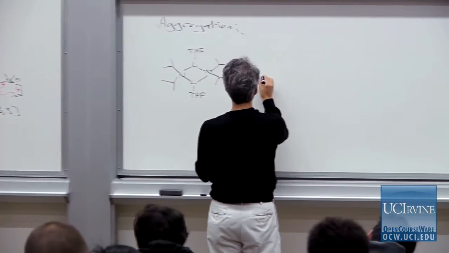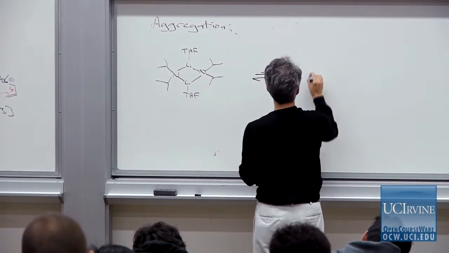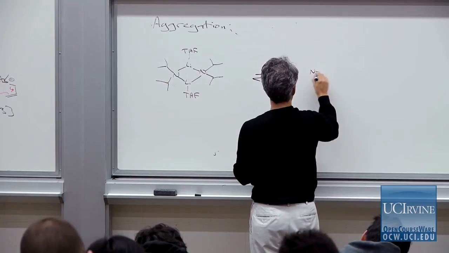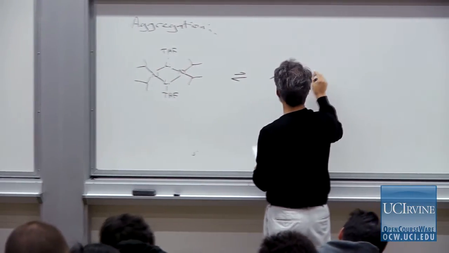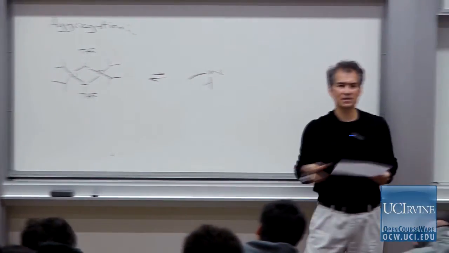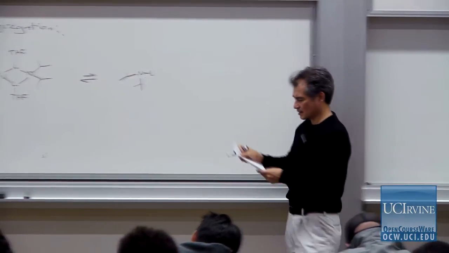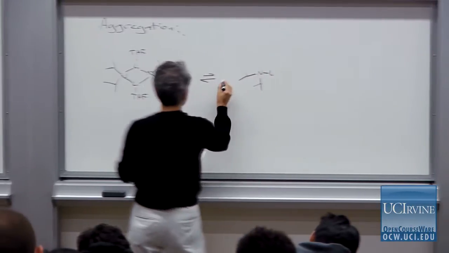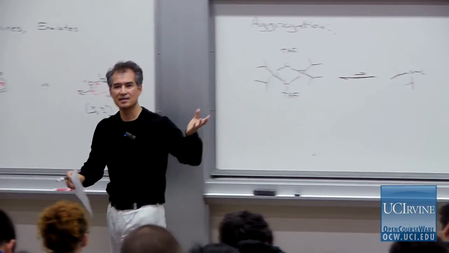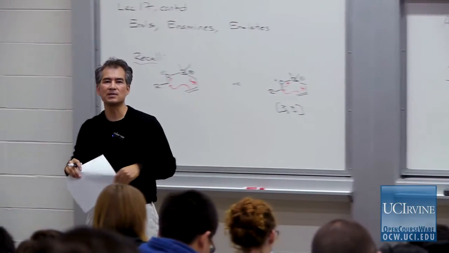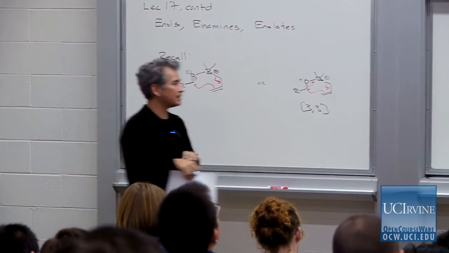Fortunately, there's a small amount of a monomeric species that's floating around in solution. And that's what does all the deprotonation. I don't know what the ratios are, but the equilibrium massively favors this dimer. Don't worry about drawing the dimer. I don't want to see the dimer, but just remember that it's aggregated mostly in solution, like a lot of lithium enolates.